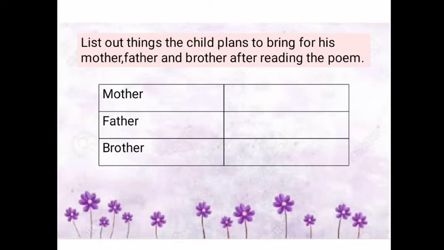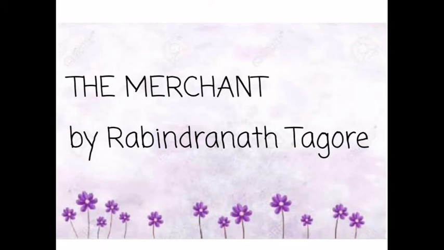You have to notice whatever things that he plans to bring for his mother, father, and brother, and we will discuss this at the end of our poem. Listen to the poem The Merchant, written by Rabindranath Tagore.